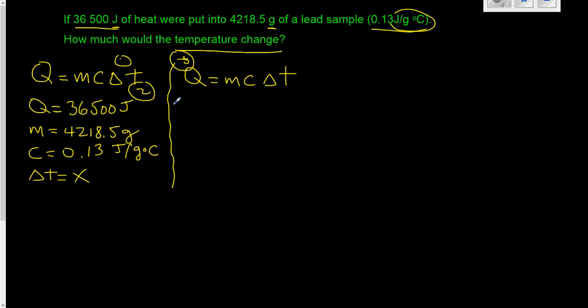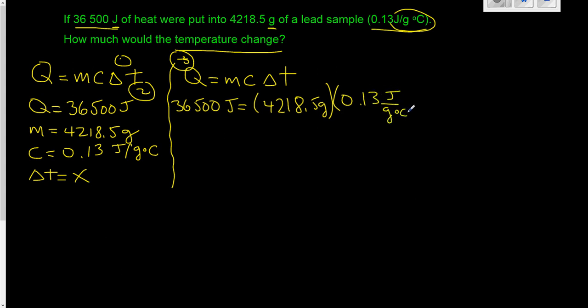Okay, so let's keep on cruising here. For Q, we fill in 36,500 joules. Our mass is 4,218.5 grams. We have our constant, 0.13 joules per gram degrees Celsius, and our delta T, which is our unknown.